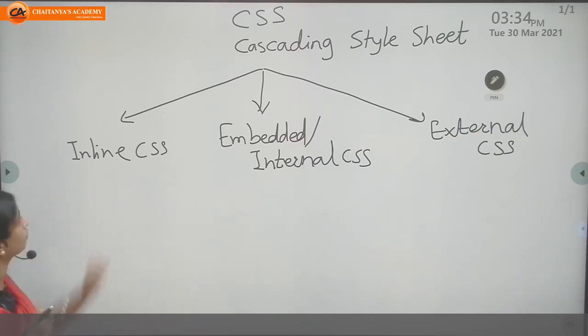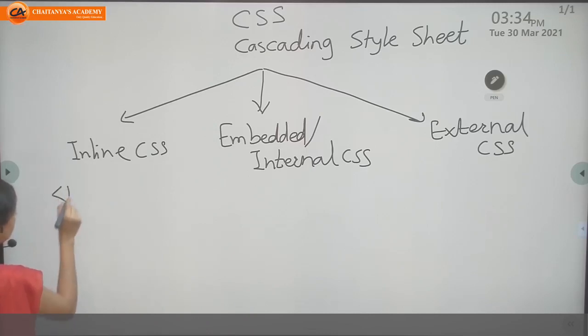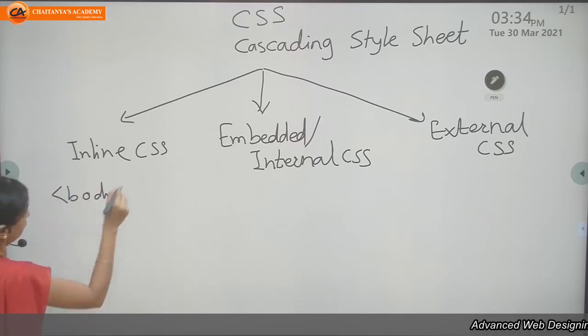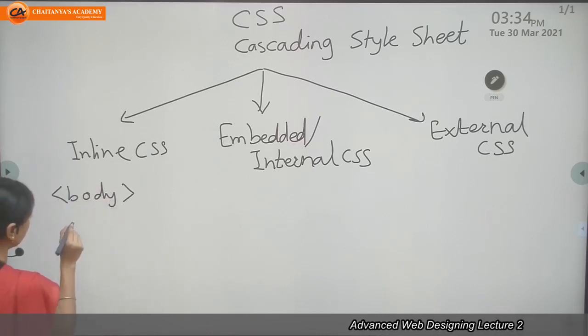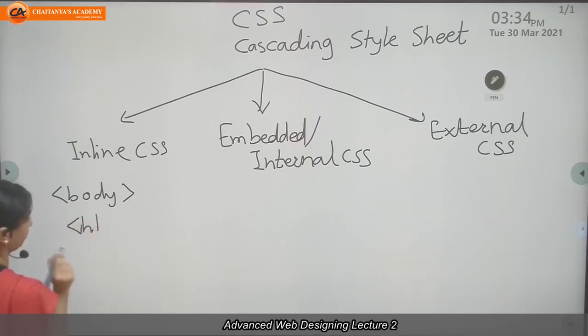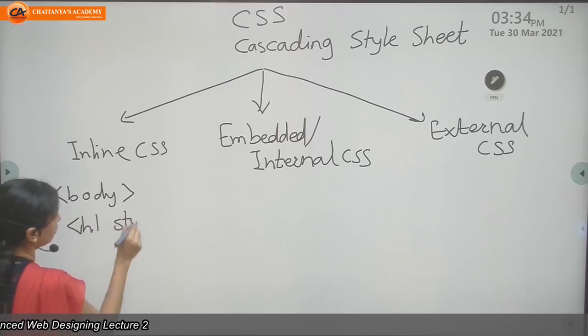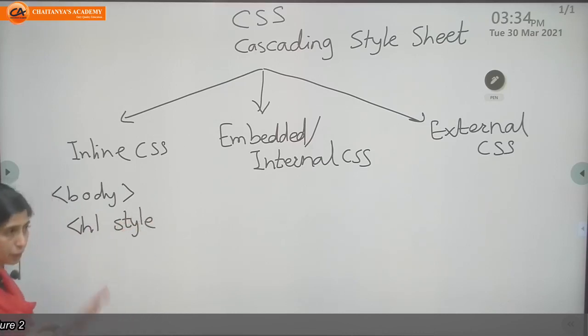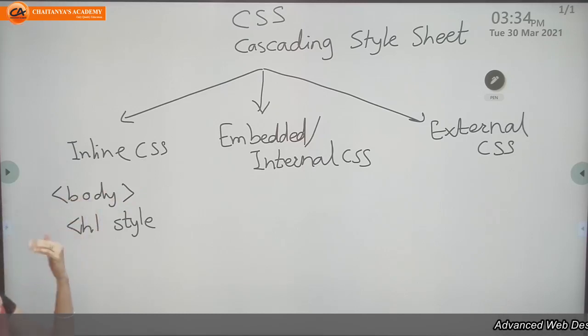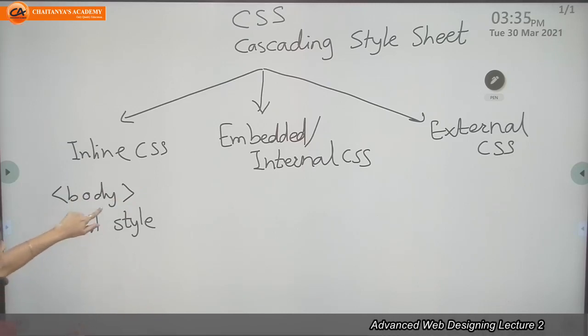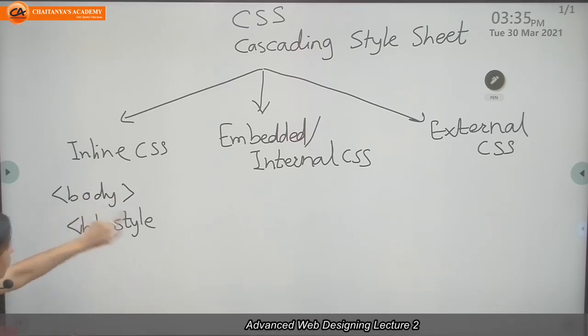What is the meaning of inline CSS? In inline CSS, inside the body tag, wherever I use this h1 tag, in that tag I can use style as an attribute. In inline CSS, whatever code I write to display on a web page should be inside the body tag.